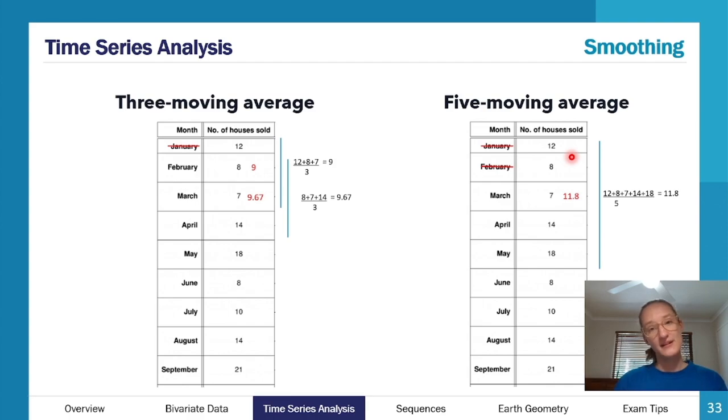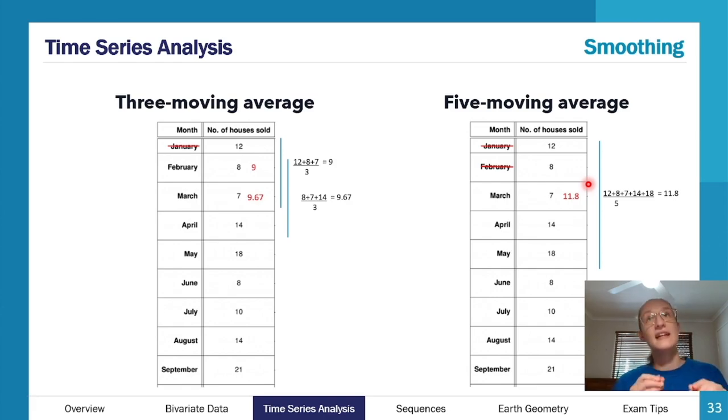So where centering comes in, gets a little bit more complicated, but what we do is we say, okay, if I take the average for these 2 months, add them together, divide by 2, get an average for the halfway in between, and then do the same for the next 2 months, I now have 2 halfway in between averages. I have my value for here, which is 10, and my value for here, which is 7.5.